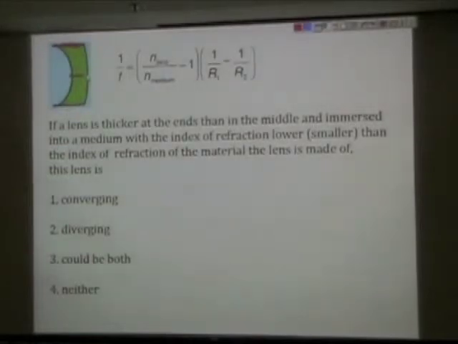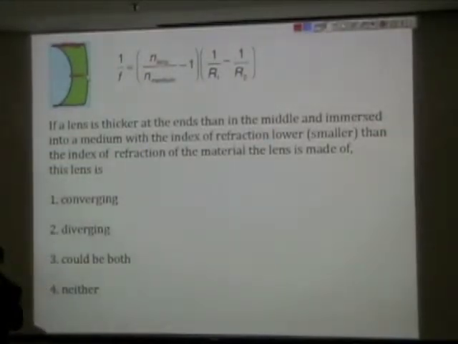If the lens looks like this, it's not a lens. To be a lens, it should have different thickness. And if it has different thickness, we have only this option or that option. That's it. So this question is about this option.